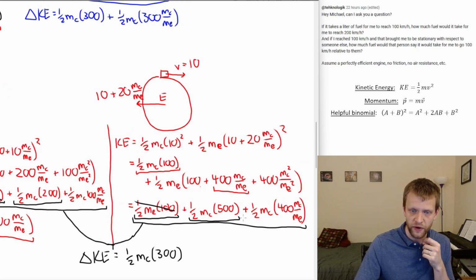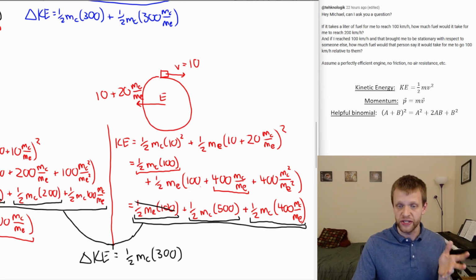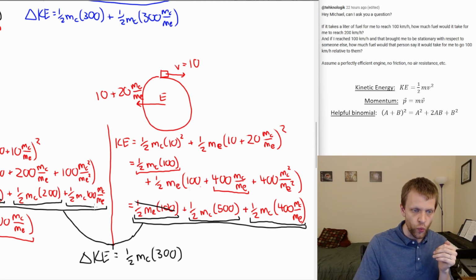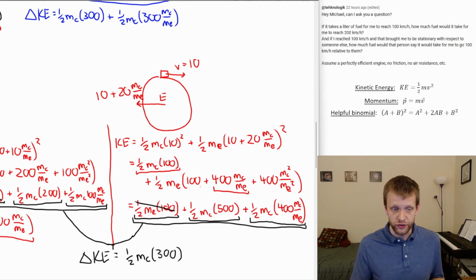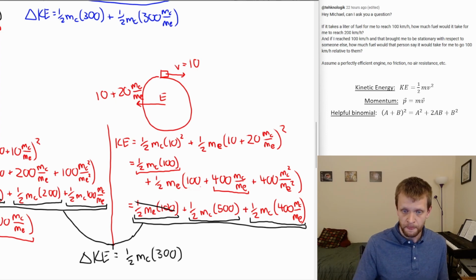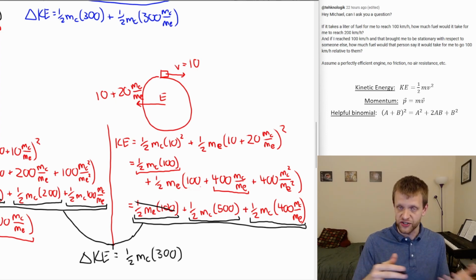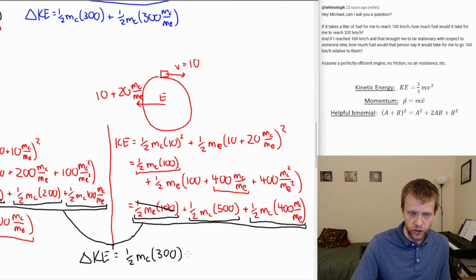This last term, we've got 1/2 mass of the car times 400 mc over me minus 1/2 mass of the car times 100 times mc over me. If I do the 400 minus the 100 and we combine those terms, that's going to give me 1/2 mc times 300 mc over me.